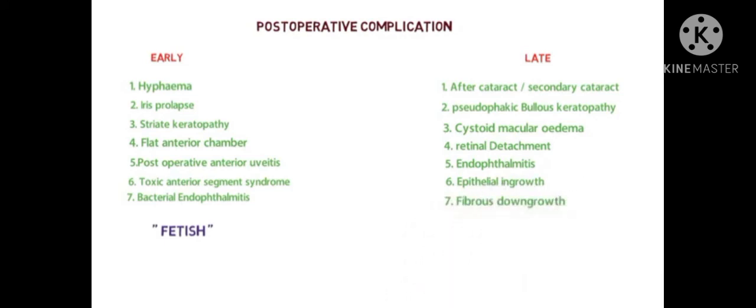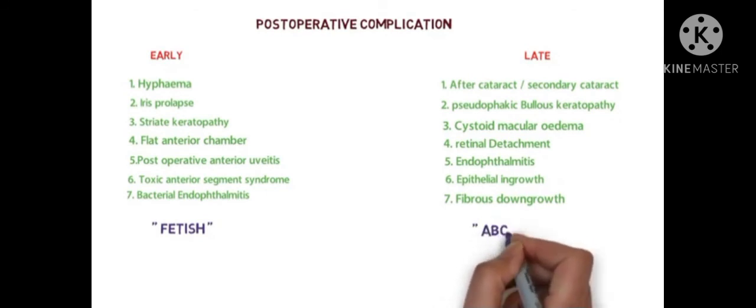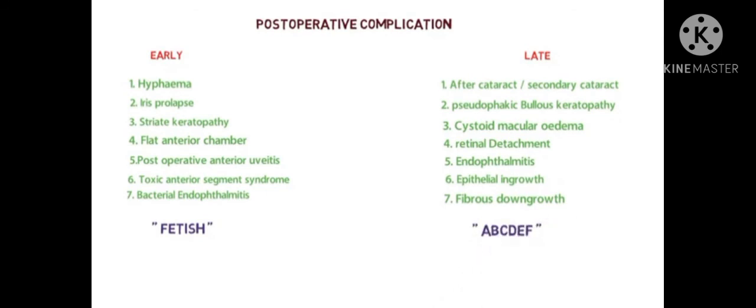How can we remember the late complications? It is very simple: A, B, C, D, E, F. A for after cataract, B for bullous keratopathy, that is pseudophakic bullous keratopathy, C for cystoid macular edema, D for detachment, that is retinal detachment, E for endophthalmitis and epithelial ingrowth, and F for fibrous downgrowth.